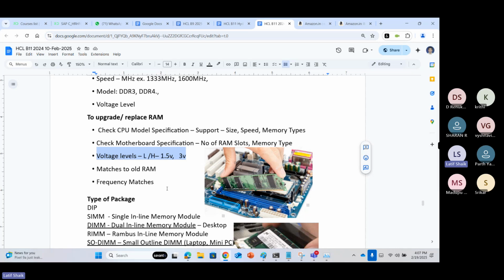Then you are asked what voltage level it is and what RAM model you want. So you have to open your cabinet and show them your old RAM, where the operating voltage and RAM type are specified. Based on that, you can get the new RAM. That's why I wrote: try to match with the old RAM details.